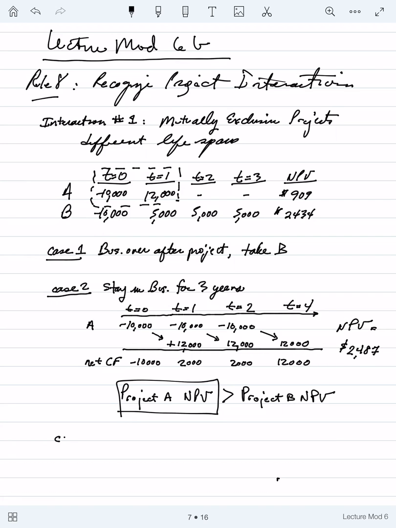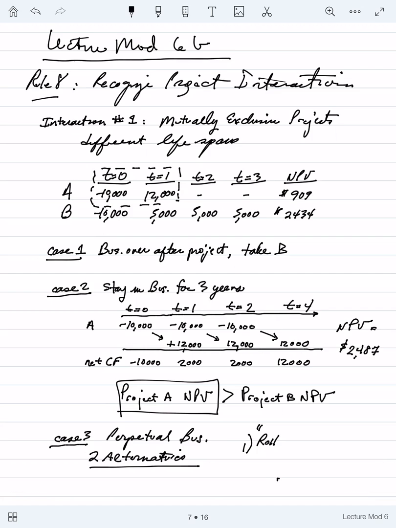Case 3, let's say you really assume that you're going to have a perpetual business. So you have a couple of options, really, 2 alternatives to think about this. The first alternative is what we call roll.